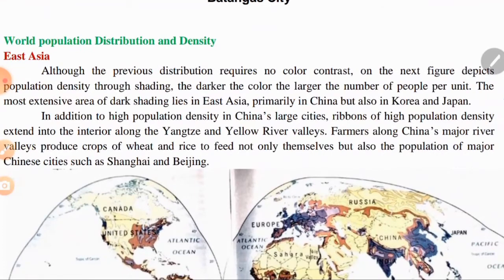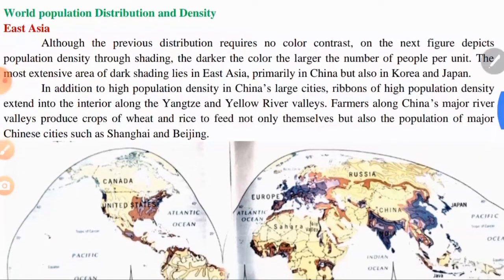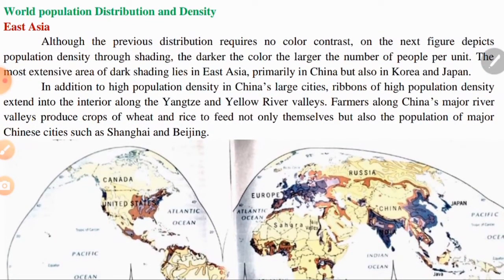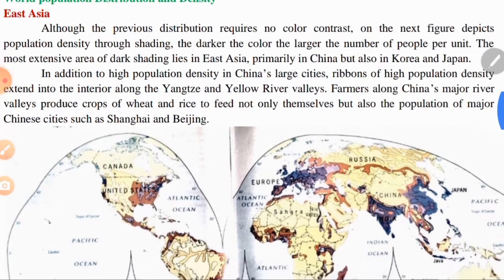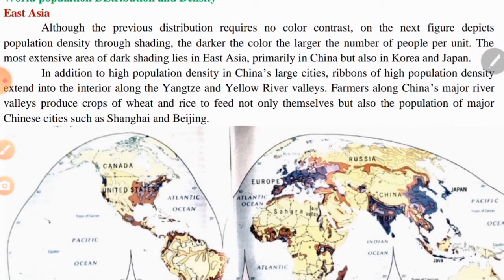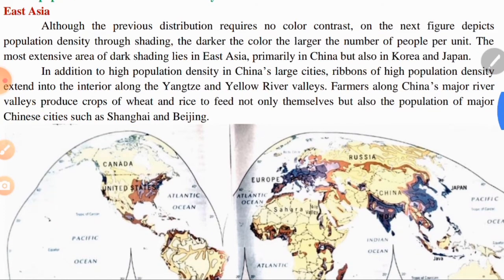Then the population distribution and density. In East Asia, although the previous distribution requires no color contrast, the next figure depicts population density through shading. The darker the color, the larger the number of people per unit.